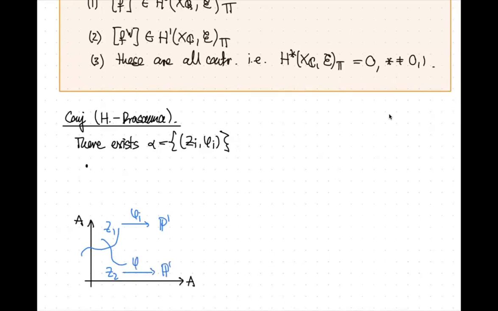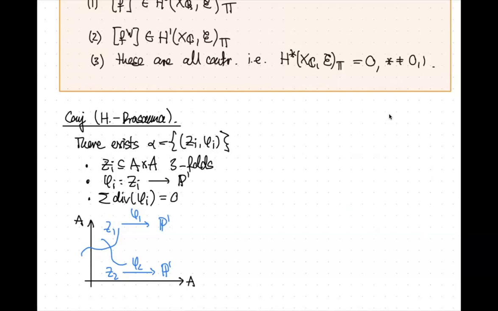So you have Z_i in A times A, which are irreducible 3-folds. You have φ_i, which are meromorphic functions, rational functions on them. And the sum of the divisors of φ_i should be 0. So this is this higher algebraic cycle.